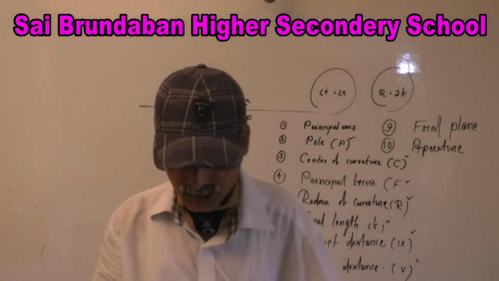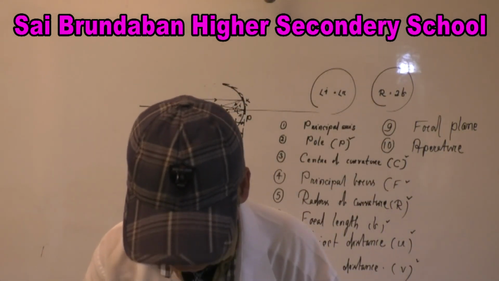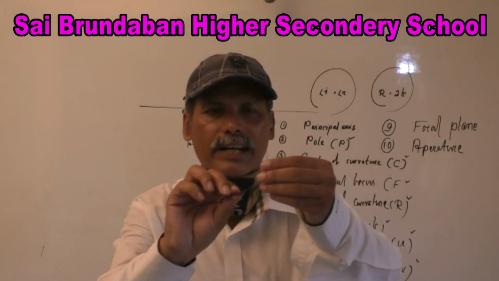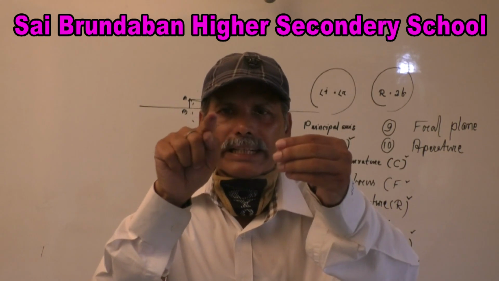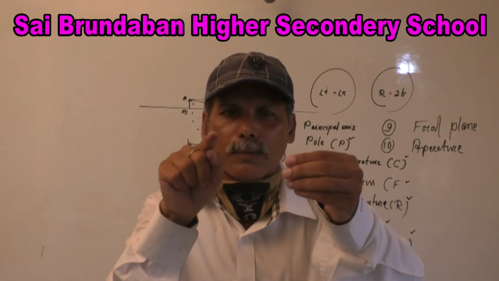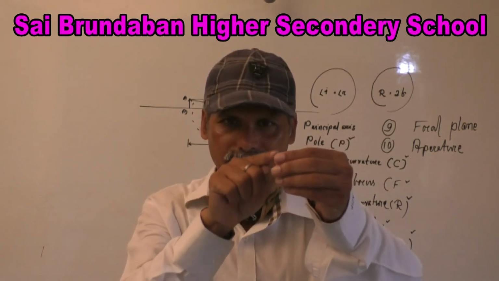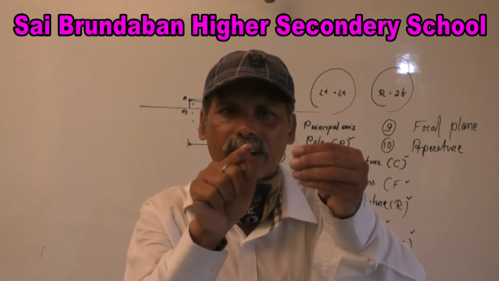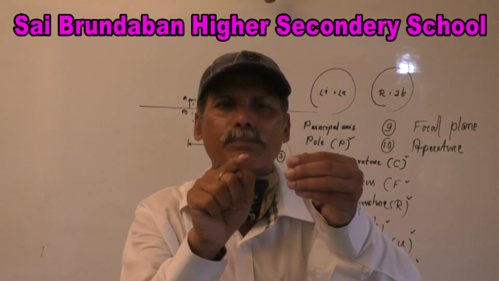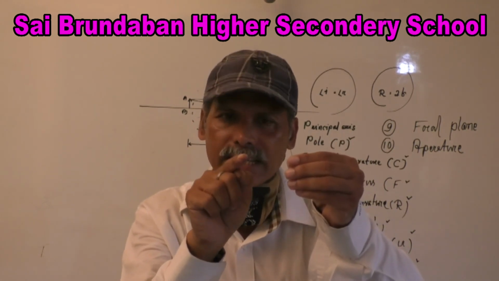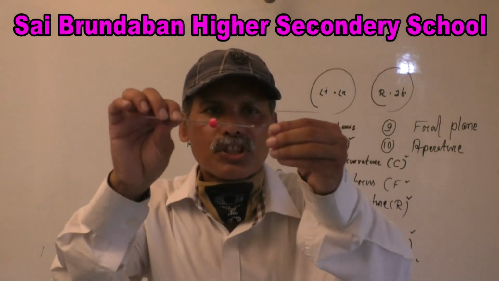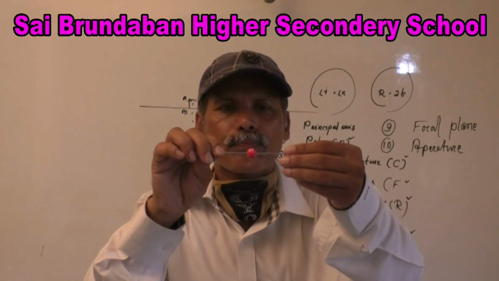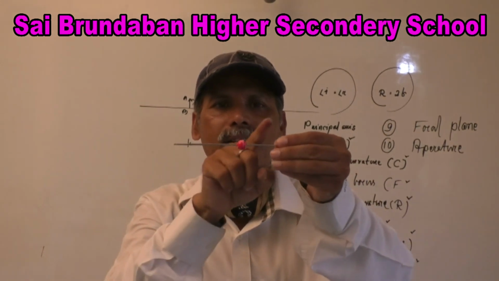Listen. You know this is a concave mirror. You complete it, then you will get a circle. But in 3D, it is a sphere, a thin glass sphere. Here is the center of curvature, or center of the sphere, denoted by C. This is the principal axis.